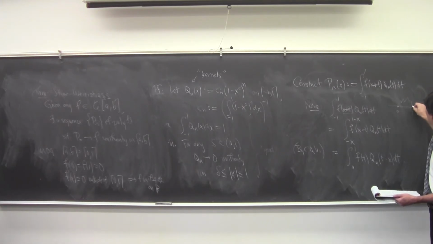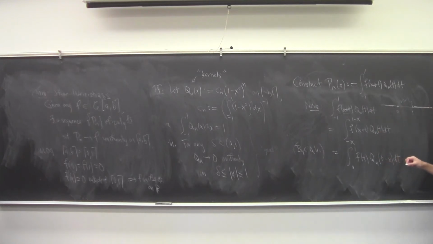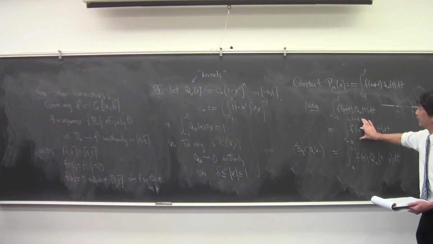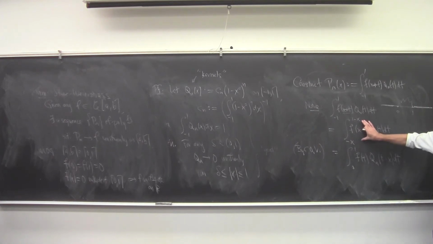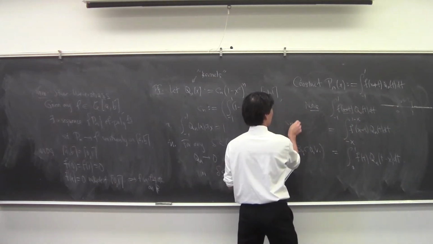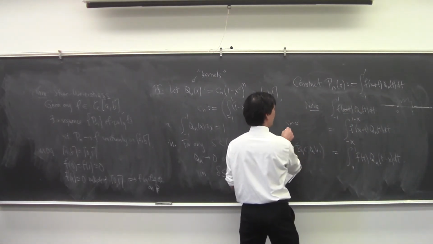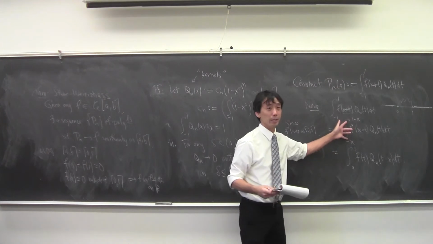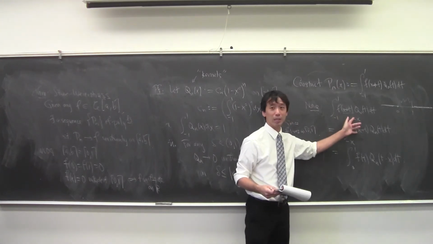It has something, but then after that it's 0, and before that it's 0. Taking that into account, we only have to think about this interval. So this is using the support. Since f lives on [0, 1], t only has to go from negative x to 1 minus x.